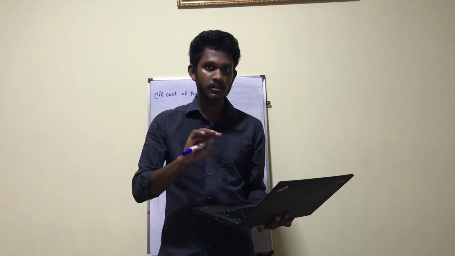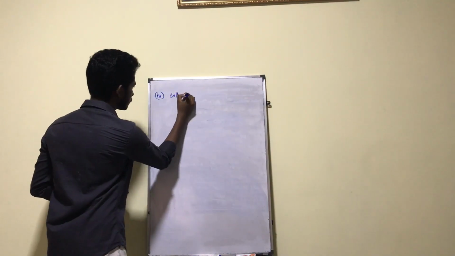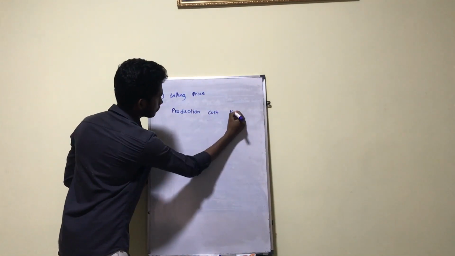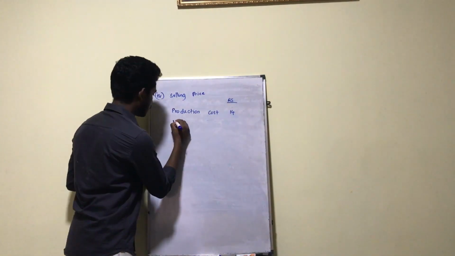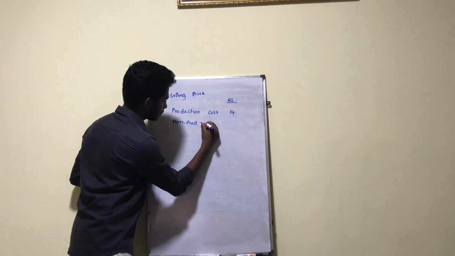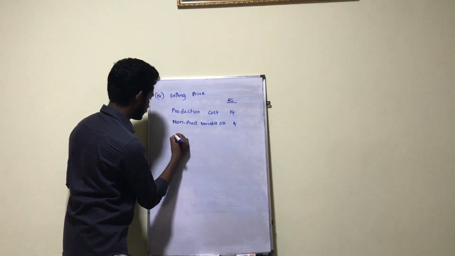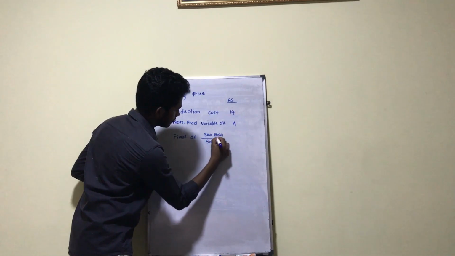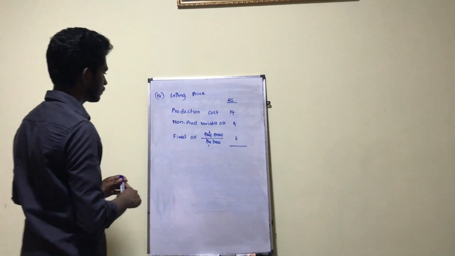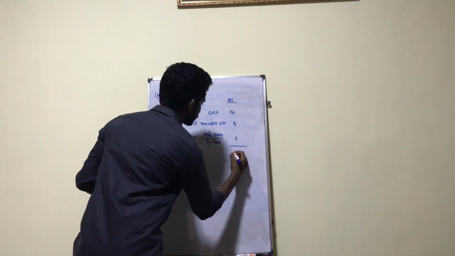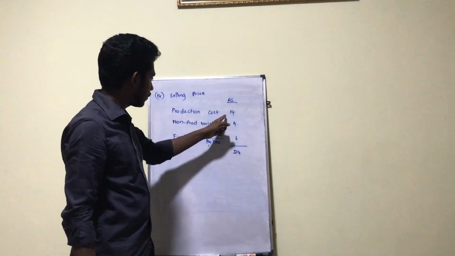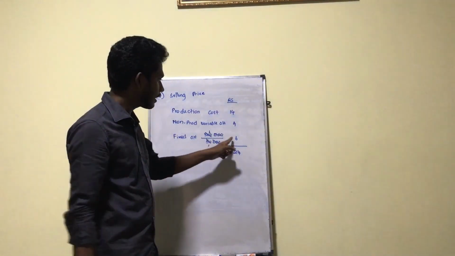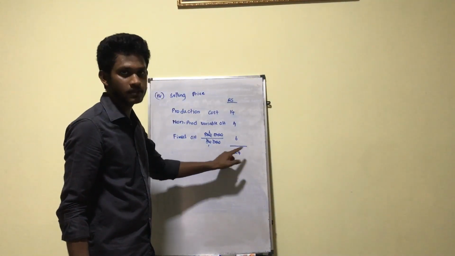So you have to divide 300,000 by 50,000. So the production cost is 14 rupees and the non-production variable overhead is 4 rupees and the fixed overhead per one unit is 6 rupees. So altogether your production cost is 25 rupees.